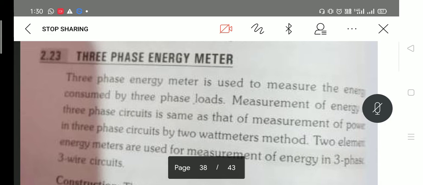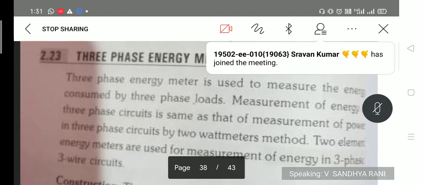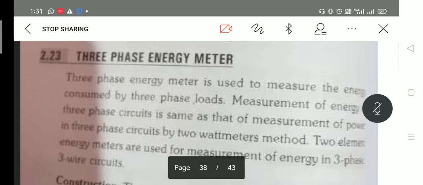Today we discuss the three-phase energy meter. In the previous class we discussed the single phase energy meter. Now we discuss the three phase energy meter. In this three phase energy meter we connect the three phase load, and we are using the 2 watt meter method.